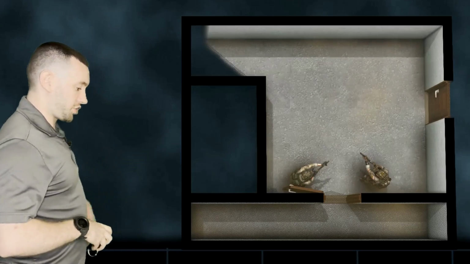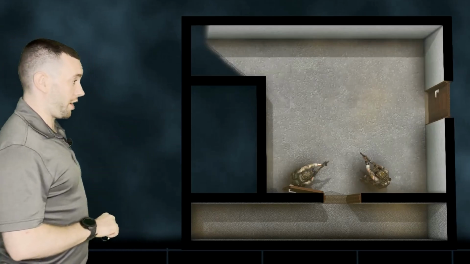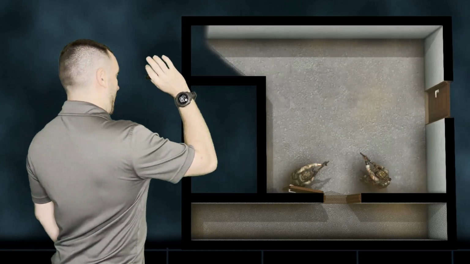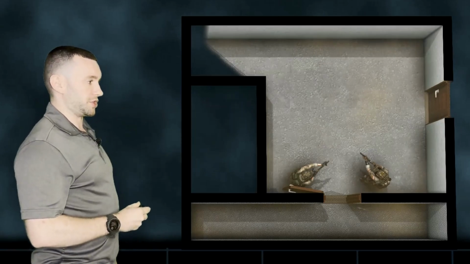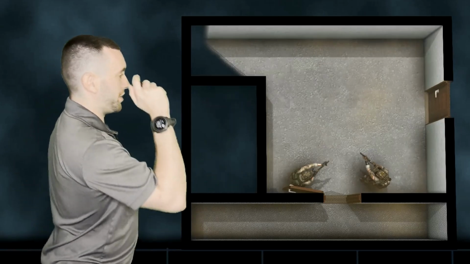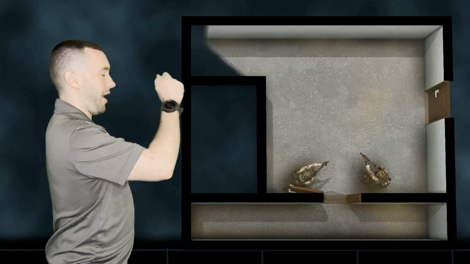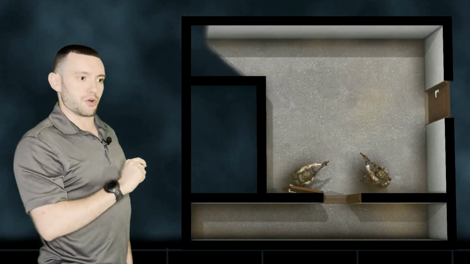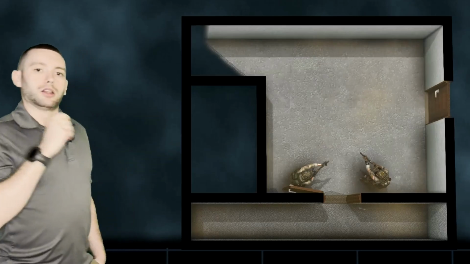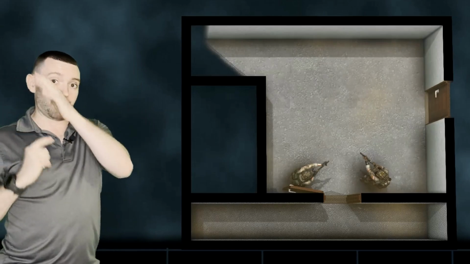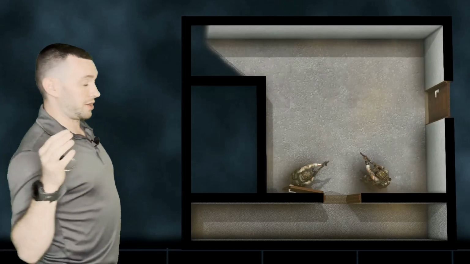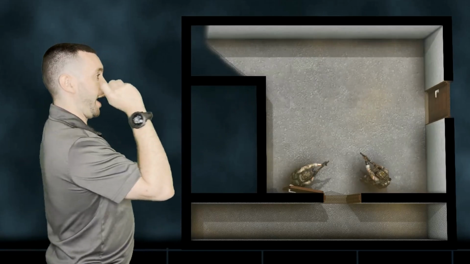Now, in this position from entry, they're going to be in cross coverage, so right is going to have the angle on the dead space, and left is holding security on the closed door. Now, because the dead space is of higher priority than the closed door, ideally, left is just going to go ahead and check his muzzle either down or up to give right a clear path to cross and attack the dead space.